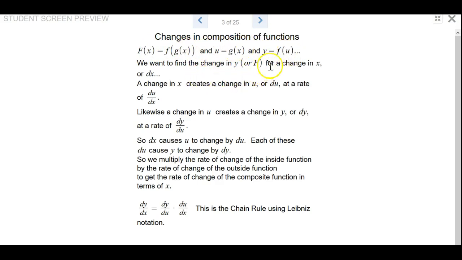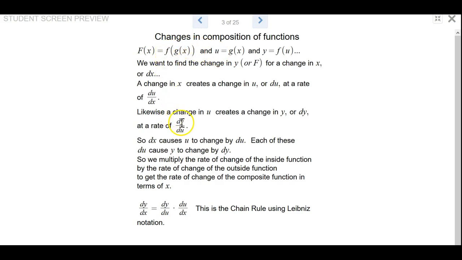So we want to find the change in g, which is the change in u, for a change in x, which is dx. So if we want to find a rate of how u changes relative to x, that's du/dx. That's our rate. And likewise, a change in u is going to cause a change in our outside function.